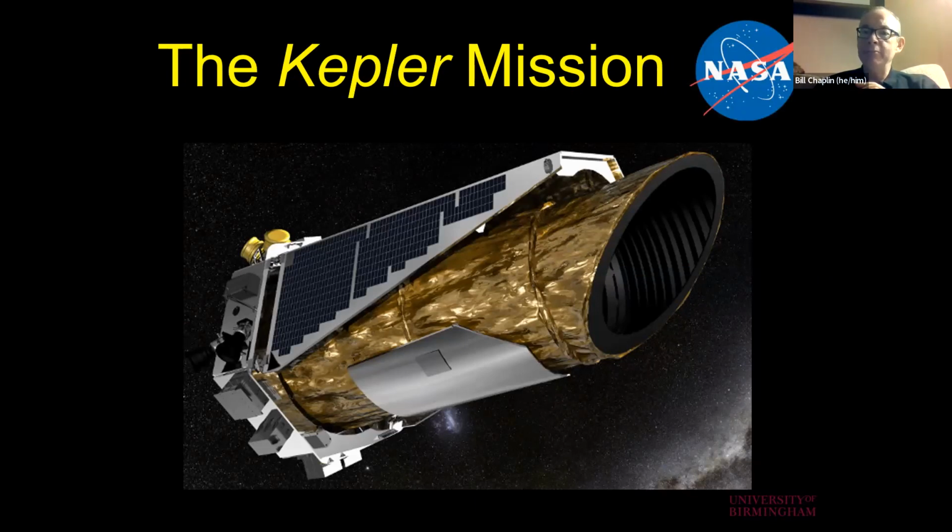Kepler's been really transformational for us in that it provided exquisite micromagnitude precision data on literally thousands of these sun-like stars where we could measure the oscillations. Prior to Kepler, we had detected solar-like oscillations in maybe a handful of stars, and Kepler gave us data on the order of 1,000 stars. So it's really opened up our ability to use these data.